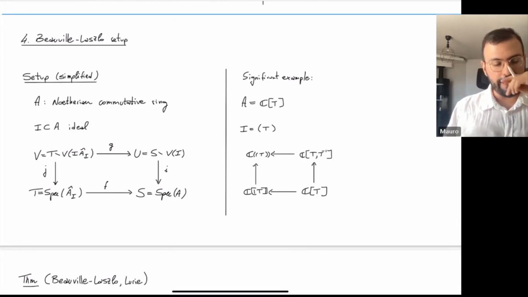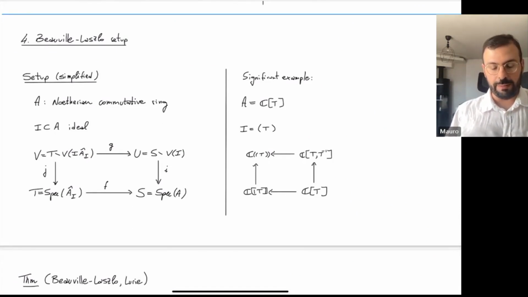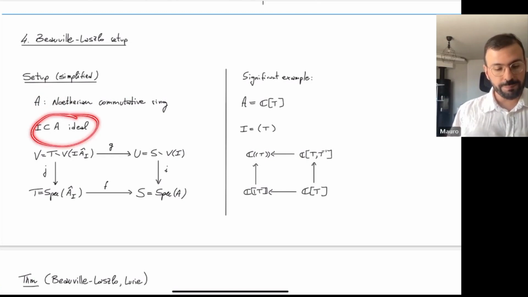So the Beauville-Laszlo theorem is the following statement. I will just state the simplest version. I take some Noetherian commutative ring, and I take some ideal. And I look at this diagram.